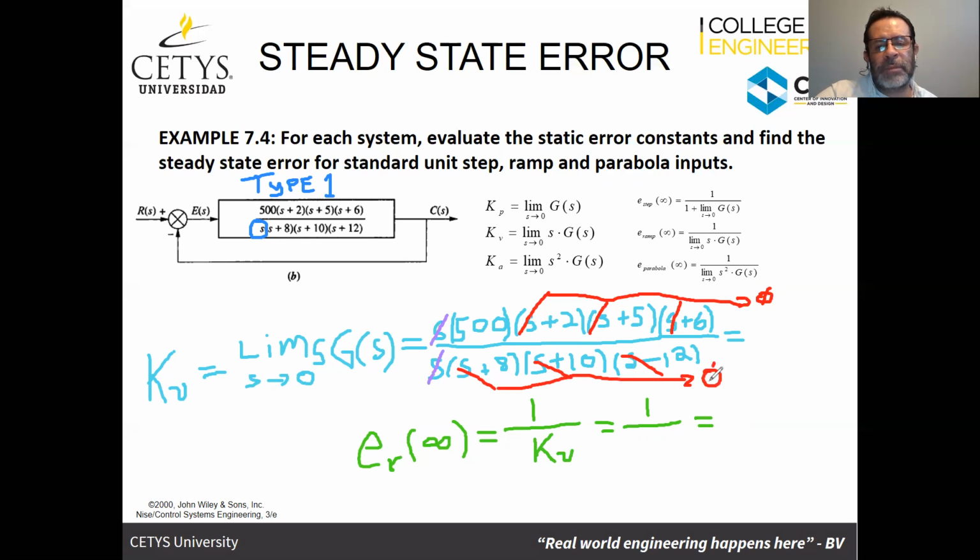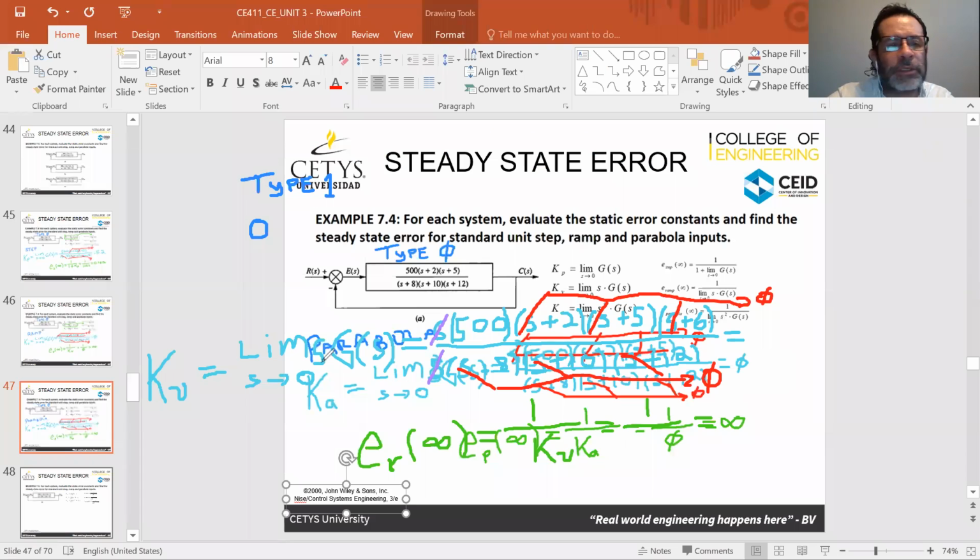So what we're going to have, somebody help me out with the calculation, is 500 times 2 times 5 times 6 divided by 8 times 10 times 12. I think I erased a plus here. Somebody help me out with the calculations there, please.